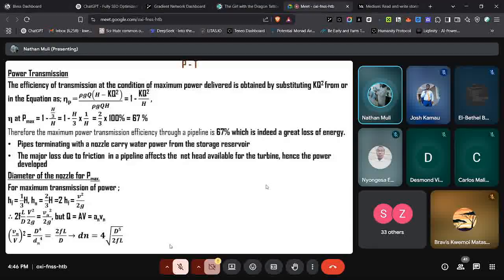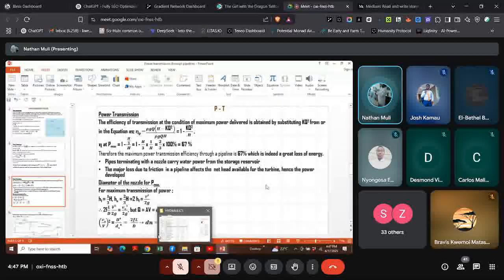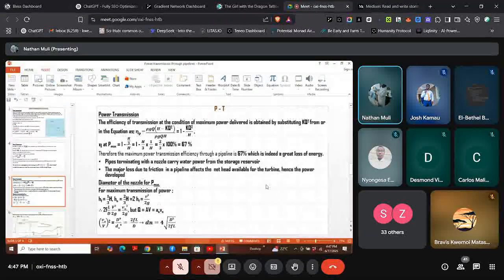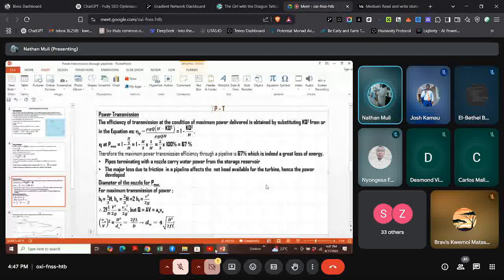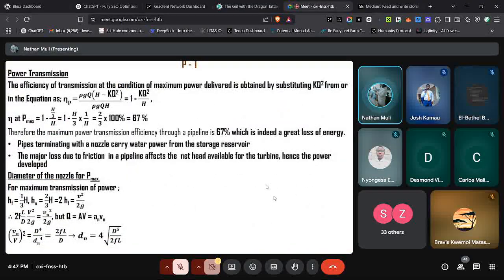And therefore, we can say Vn squared by V squared, or (Vn by V) squared, equals D to the power 4 by Dn to the power 4, which, if you work it out, equals 2FL by D. To imply that Dn, the diameter of the nozzle, when there is power transmission through the pipeline, will be equal to the square root of D raised to power 5 divided by 2FL, or 4 times the square root of D to power 5 upon 2FL.